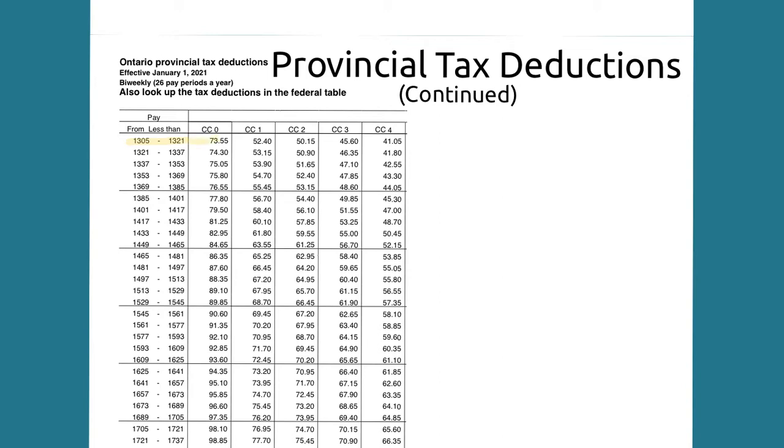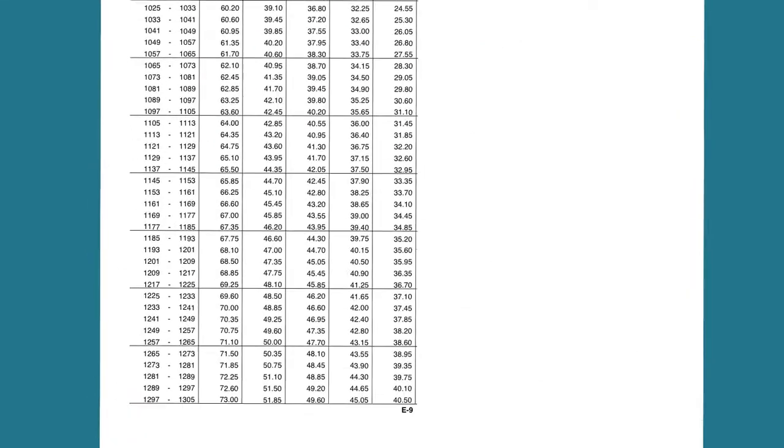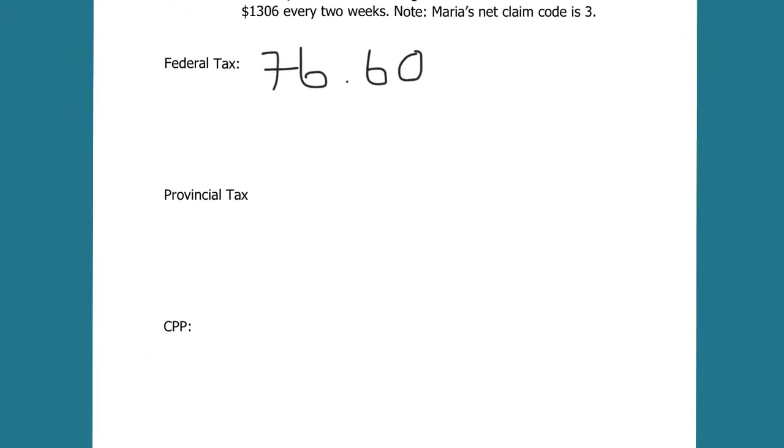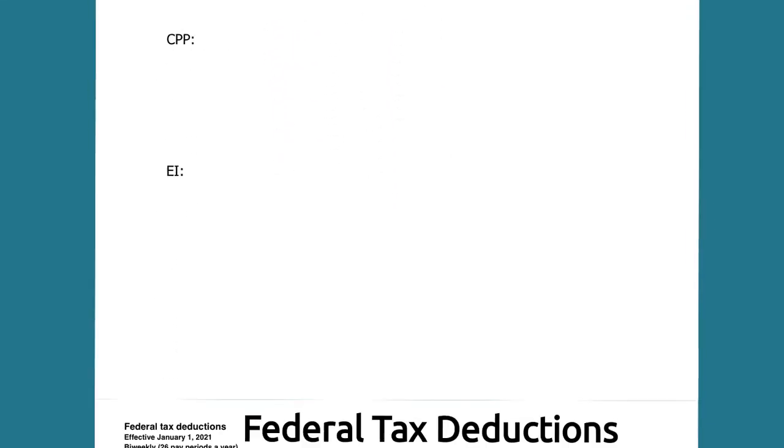And we go all the way over to C3. So $45.60 is what she has to pay for provincial. I'm just going to scroll back up and write that on her note. $45.60.